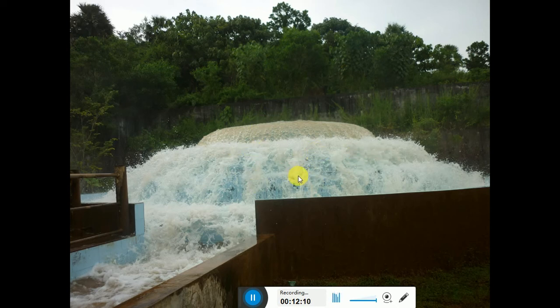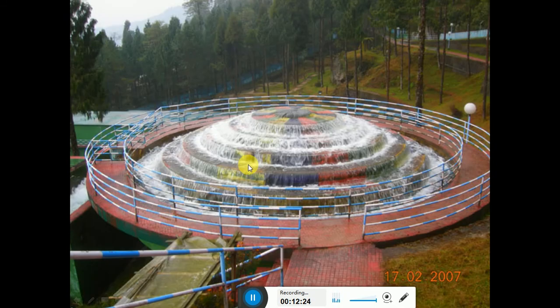The steps are created in a circular way, and water from the central column is allowed to flow through these steps, and you can see that the water is broken down into smaller particles, thereby mixing with the air. From the central area, the water falls in a cascade manner from these steps, and because of this the air is mixed into the incoming water, thereby doing the process of aeration. These are the cascade type of aerators.